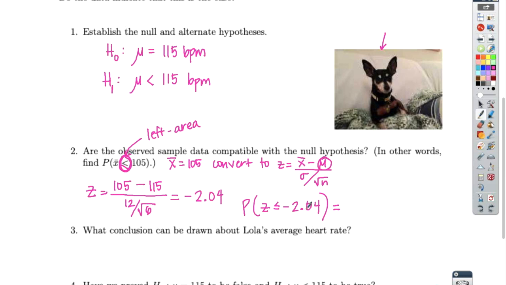Okay, so hopefully you've had time to look through your z-table. When I look through my z-table and find the value of negative 2.04, I see that it's associated with an area of 0.0207.